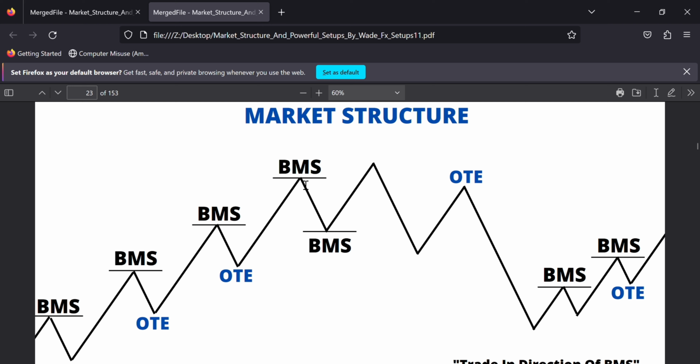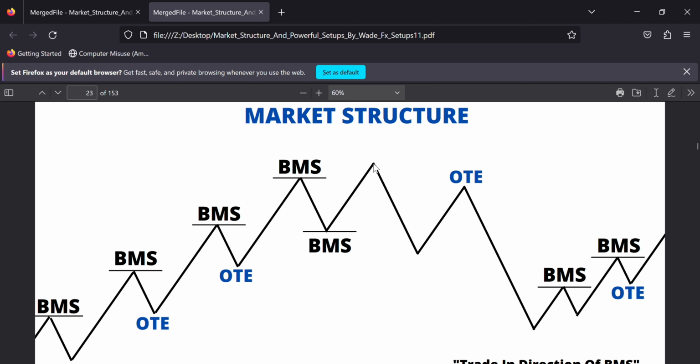Market makes a range high here, makes a range low, stops here because this is the 50% of the Fibonacci levels, or the 50% of the expansion movement that was made at first. Then the market makes another break of structure at the top. While the market makes another break of structure at the top, it also makes another range high at the top.